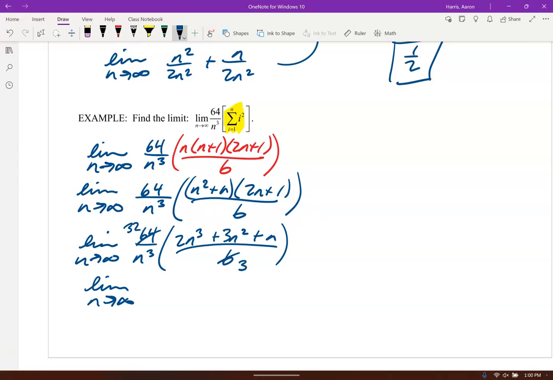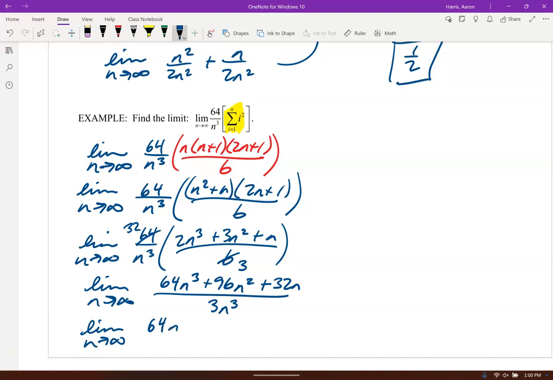So 32 times 2n cubed, 64n cubed, plus a 96n squared, plus 32n. This is all over 3n cubed. And so we've got the limit as n goes to infinity, 64n cubed over 3n cubed, plus 96n squared over 3n cubed, plus 32n over 3n cubed.